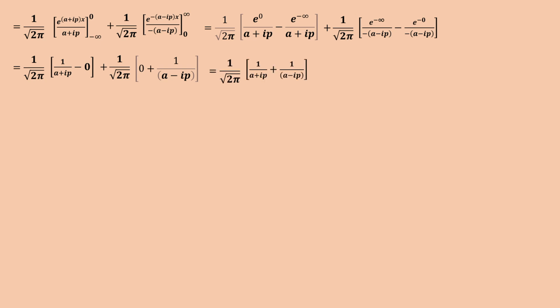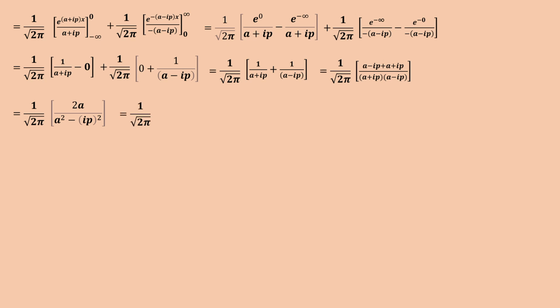So 1 by root 2 pi, grouping these two: 1 by (a+ip) plus 1 by (a-ip), taking the LCM (a+ip)(a-ip). Cross multiplying, (a-ip) plus (a+ip). So you will get 1 by root 2 pi, and minus ip plus ip cancel. In the numerator you will get 2a, and in the denominator, using the (a+b)(a-b) formula, a square minus b square, that is (ip) square. (ip) square is i square p square, and i square is minus 1, so minus into minus gives plus in the denominator.